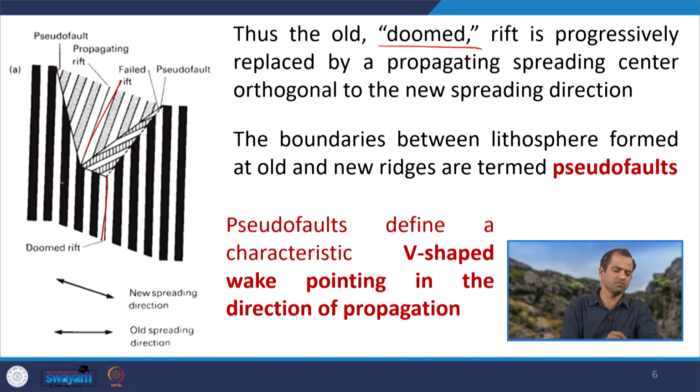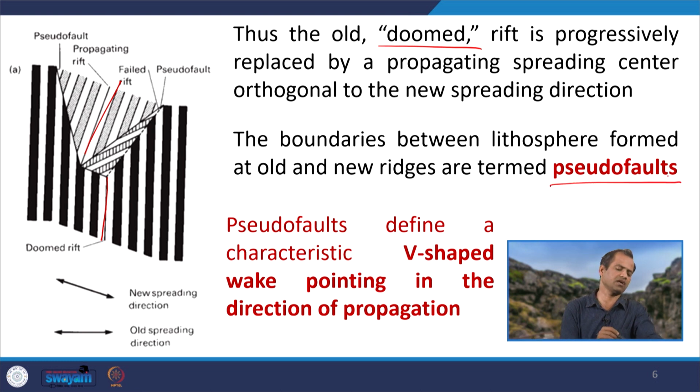So, now we have two different generations and two differently oriented materials, that means these magnetic strips are oriented here. Thus the old doomed rift is progressively replaced by the propagating spreading centers orthogonal to the new spreading directions, and the boundaries between the lithosphere formed at the old and new ridges are called pseudo-faults.